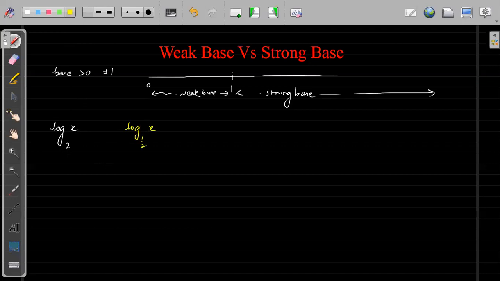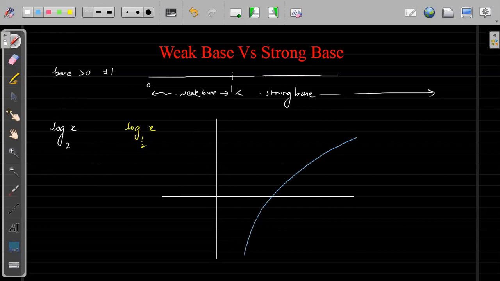Log base 2 x we saw yesterday will be something like this. Now this is equal to y.